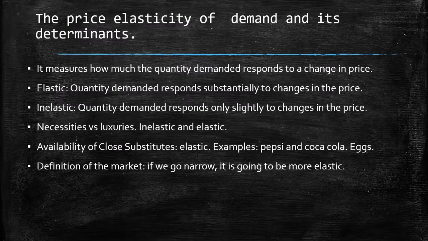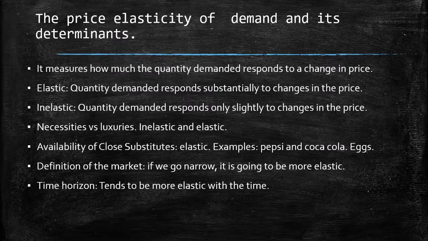On the other side, think of a bigger market. For example, the food market: you don't have another substitute for food. It's the only thing, you need food. So when we go to bigger markets, they are usually more inelastic.